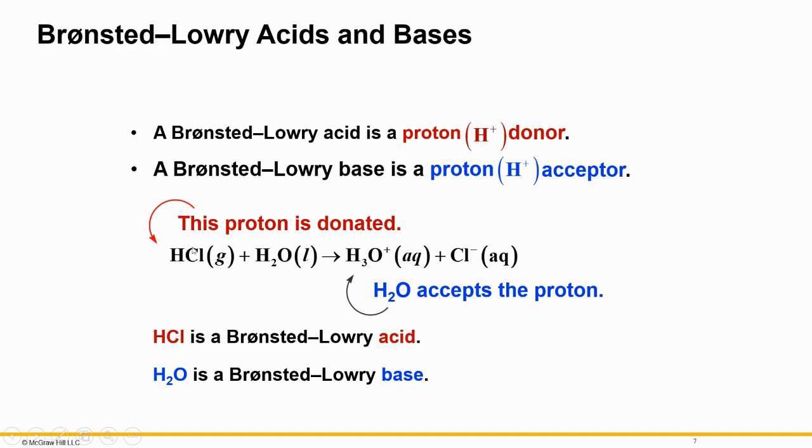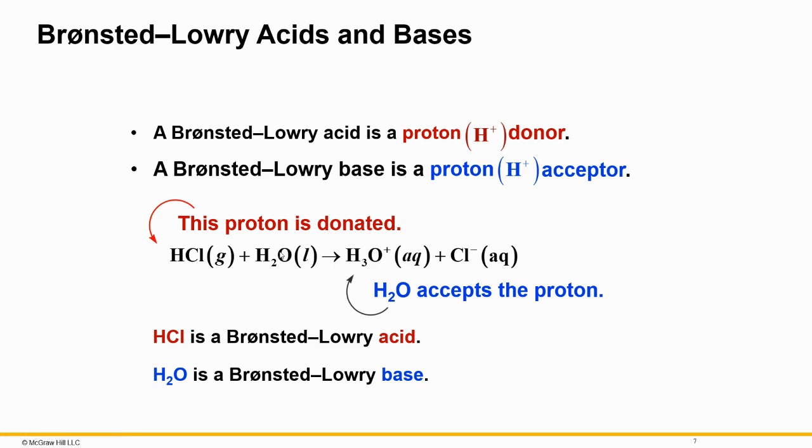So H+ was given up by HCl. So this is our Bronsted-Lowry acid. And then this one, water, goes from just water to hydronium. So it's accepting the hydrogen ion. And so this water here is the Bronsted-Lowry base.